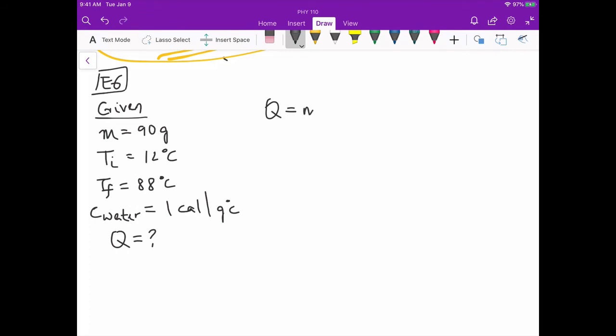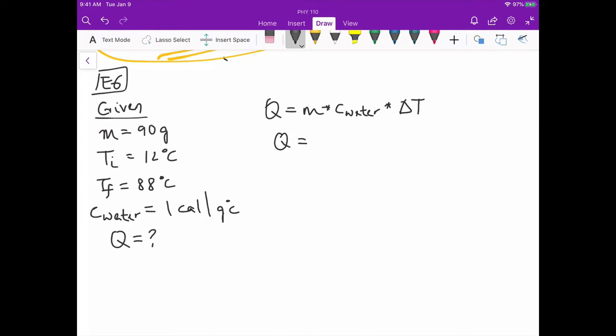Q, which is the amount of heat energy needed to raise the temperature of a certain mass of water, equals mass times C times the change in temperature. Leave it the way it is, because C of water is given in calorie per gram per degree Celsius. So you keep your temperatures in degrees Celsius and your mass in grams.